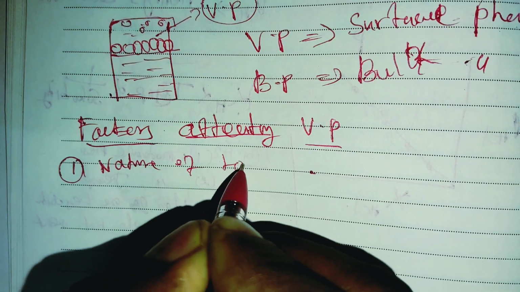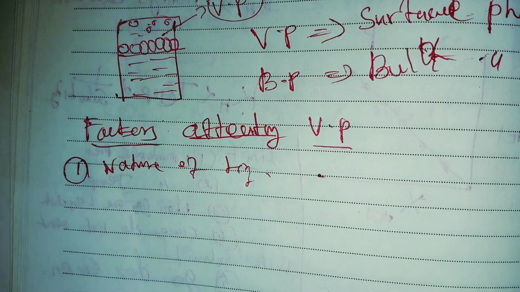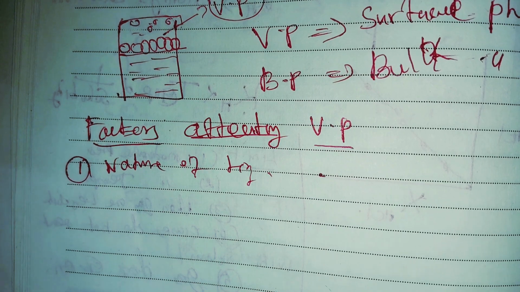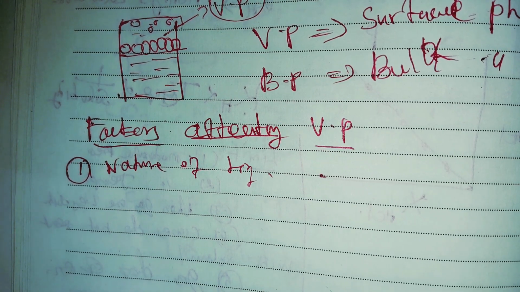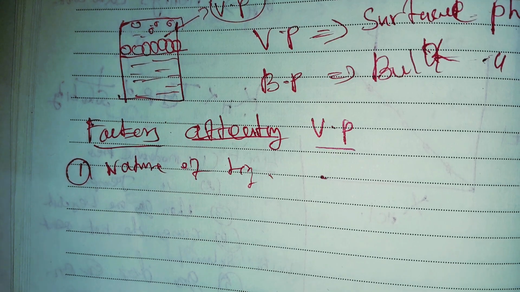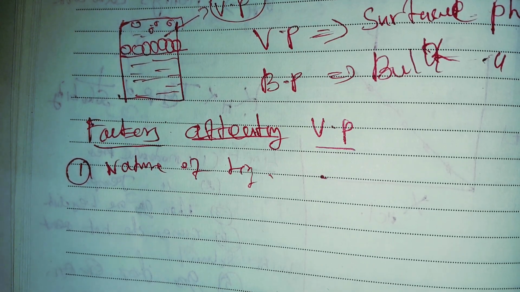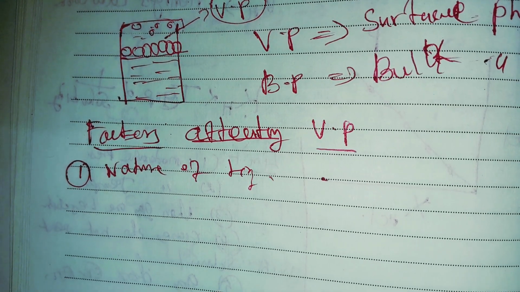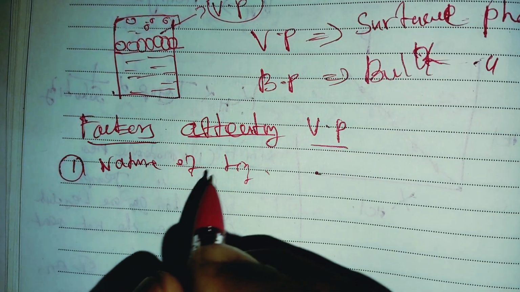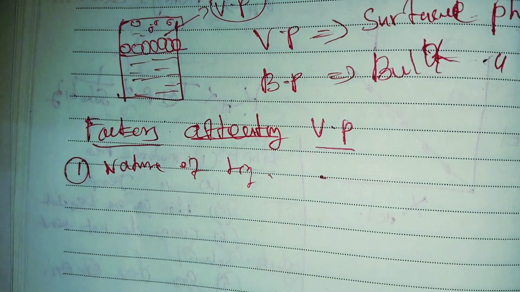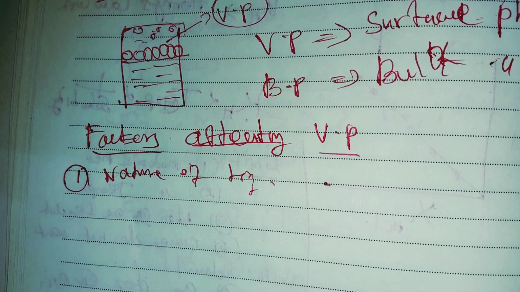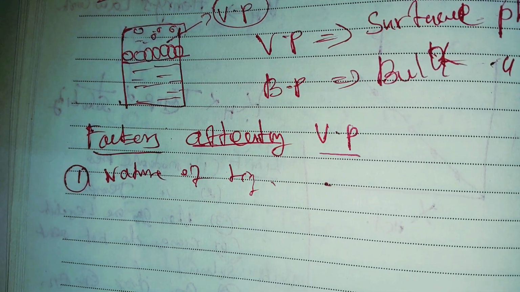The vapor pressure of a liquid at a given temperature is independent of the quantity of liquid, the surface area and the shape of the vessel. So the quantity of liquid does not affect the vapor pressure.